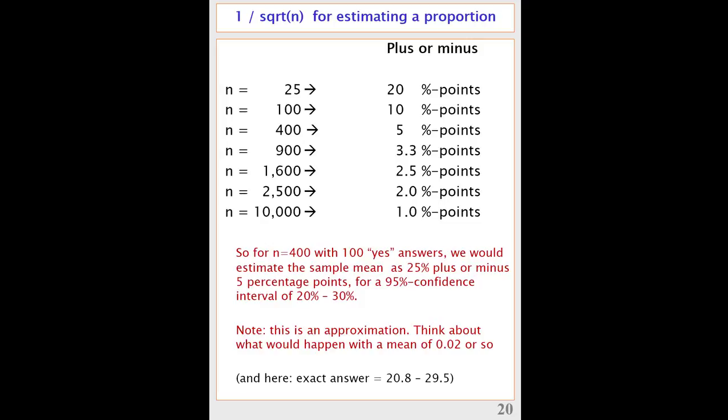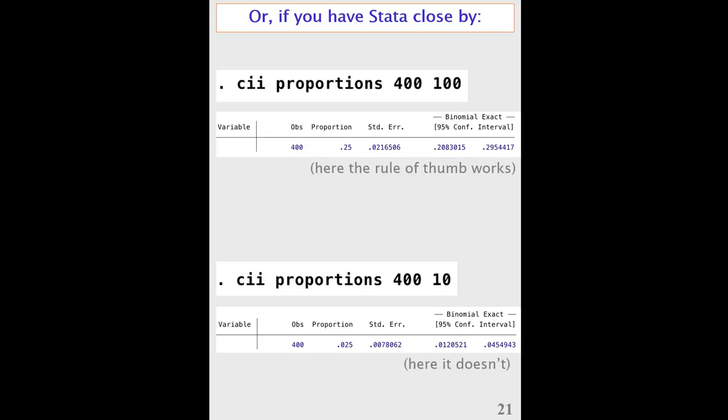Then do realize the 1 over square root n is actually an approximation. If you're talking with somebody else about how large our sample size should be, just to get a feeling for what that number might be, then that 1 over square root n rule is good enough. However, the exact answers are slightly different every once in a while. For instance, here I see the actual answer from Stata. Stata does it the right way. So here you see 100 out of 400.